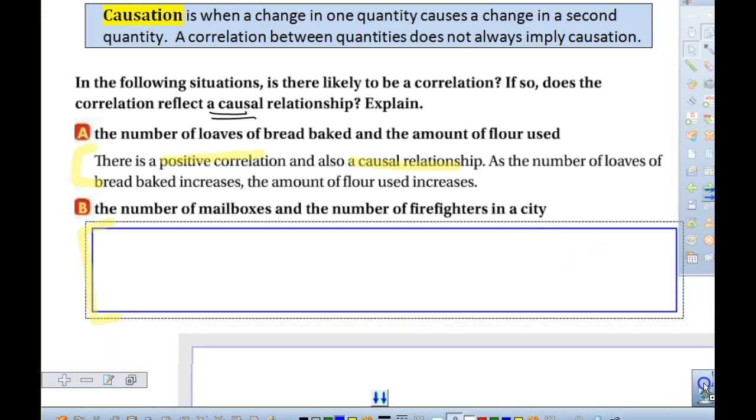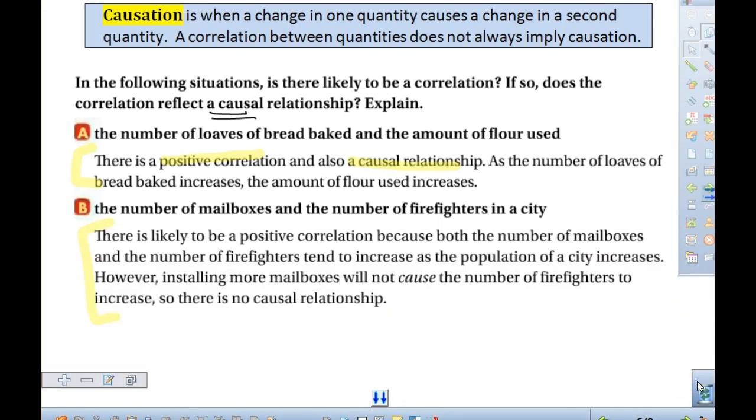We're going to say that it is a positive correlation, because generally mailboxes increase when we have more people, and that would probably mean we have to have more firefighters. So positive correlation because both the number of mailboxes and the number of firefighters tend to increase as the population of the city increases.